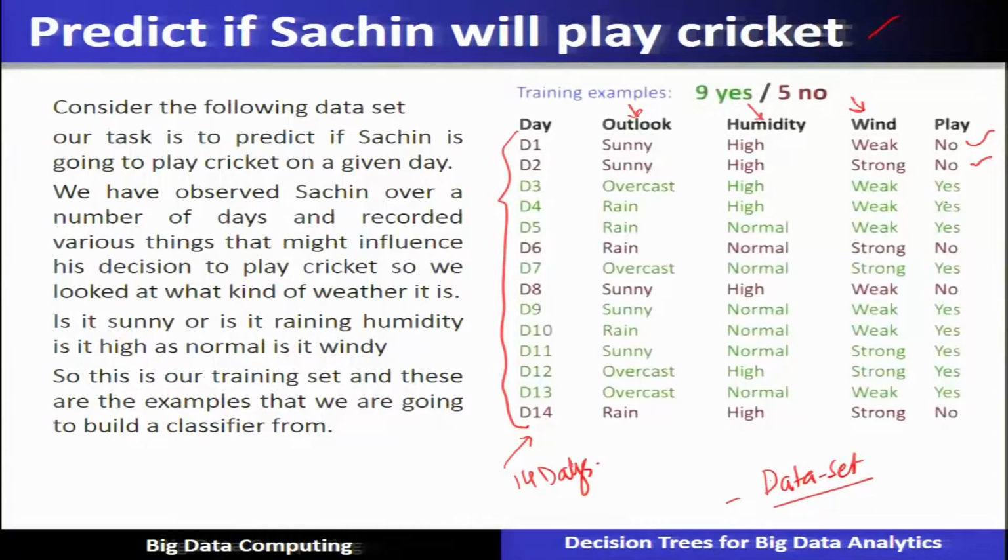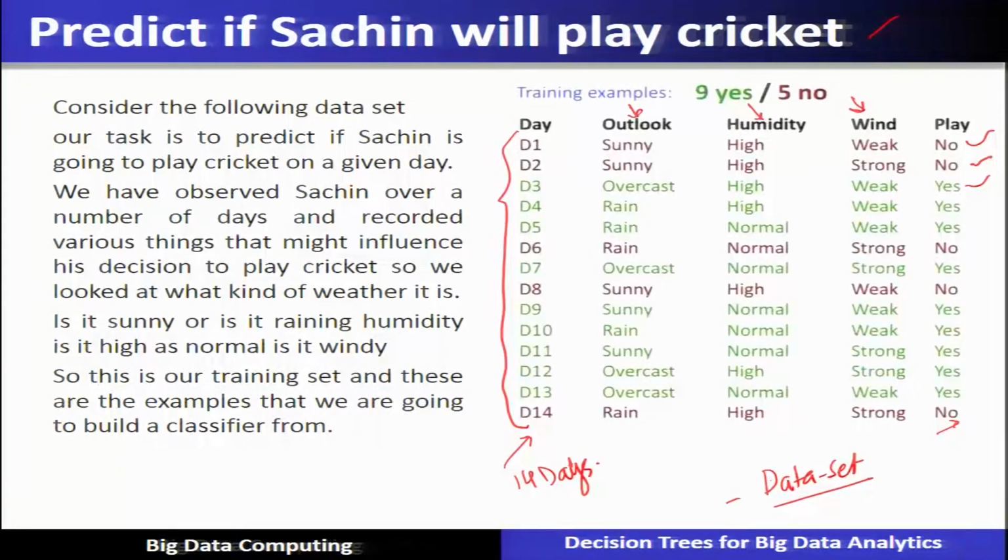On day 3 he has played when the outlook was overcast, humidity was high, and wind was weak, and so on. Now, using this data set, can we predict whether Sachin will play on a new day or the next day or not?